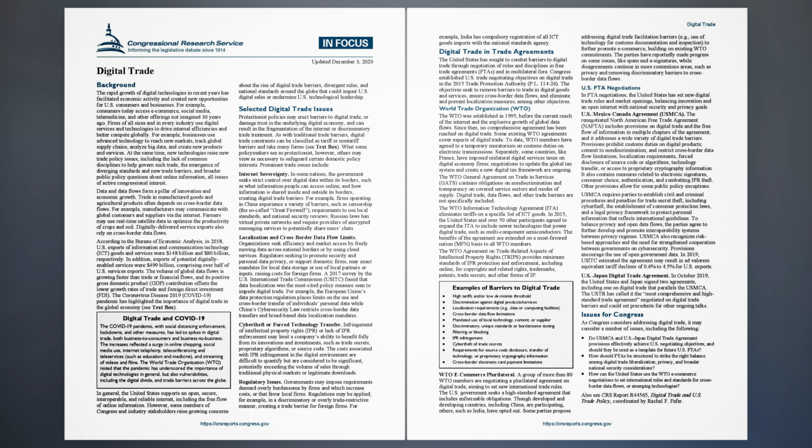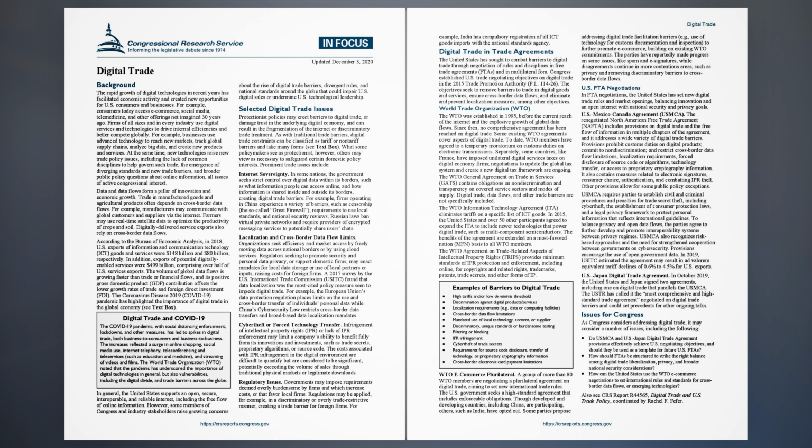USMCA requires parties to establish civil and criminal procedures and penalties for trade secret theft, including cyber theft, the establishment of consumer protection laws, and a legal privacy framework to protect personal information that reflects international guidelines. To balance privacy and open data flows, the parties agree to further develop and promote interoperability systems between privacy regimes.